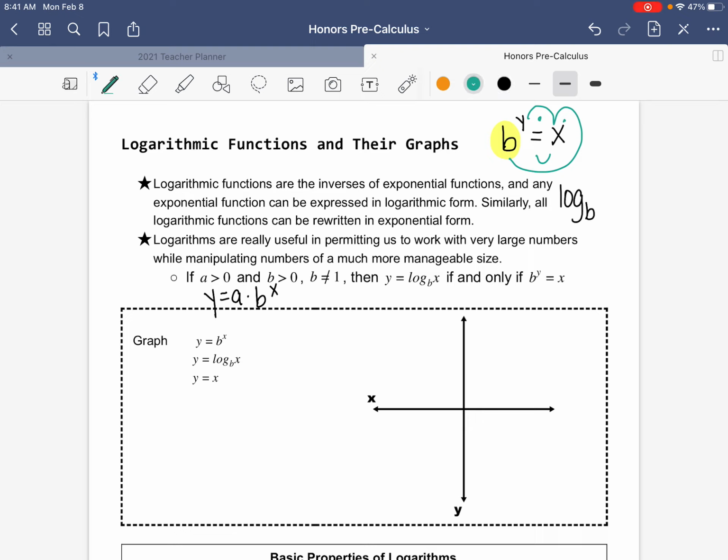So this now becomes log base b, and then my exponent was y. My exponent was y, and my x was my equal to, and we're going to switch those. So this is now going to become b raised to x equals y.